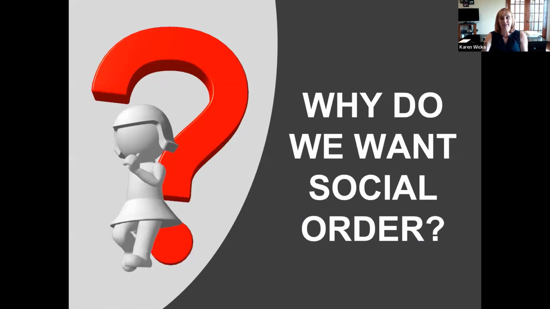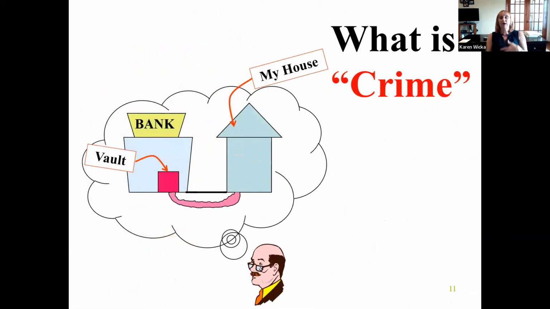So why do we want social order? Because we want to live in that kind of a world. We as a society have agreed to abide by these rules so that we can live in this conflict-free society. Now, we said crime destroys social order. So my question to you is then, what is crime? So if crime destroys social order, which we're trying to achieve living in society, what is crime?